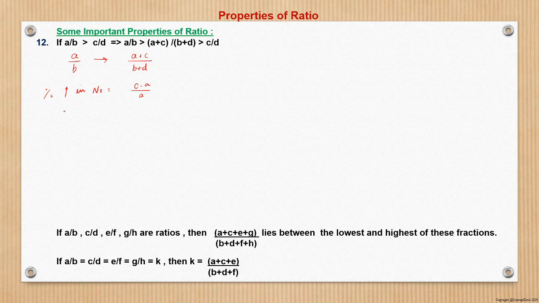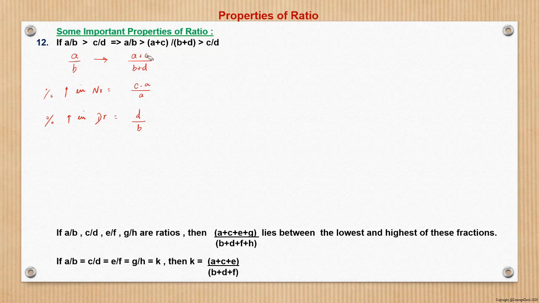And what is the percentage increase in denominator? It increases by d, right? So from b to b plus d, the percentage increase would be d upon b. I'll just erase this.